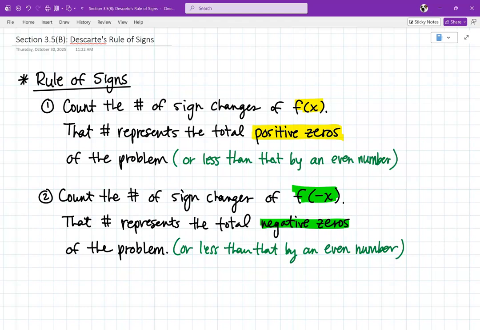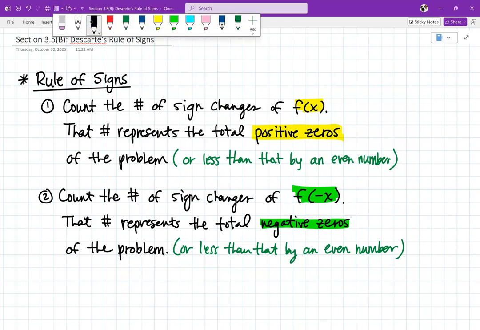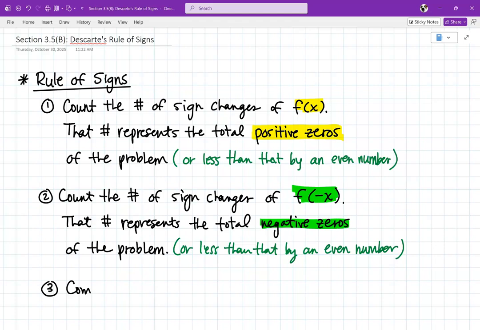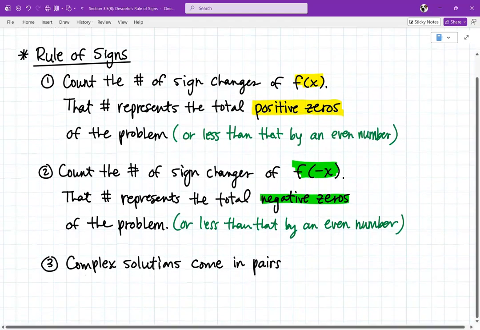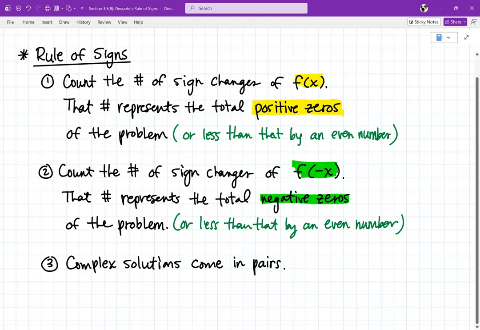And then whatever's left over, we count them as complex solutions. So I'm going to put right here complex solutions come in pairs. Okay, so we're going to have to fill those in at the end. So complex solutions come in pairs.